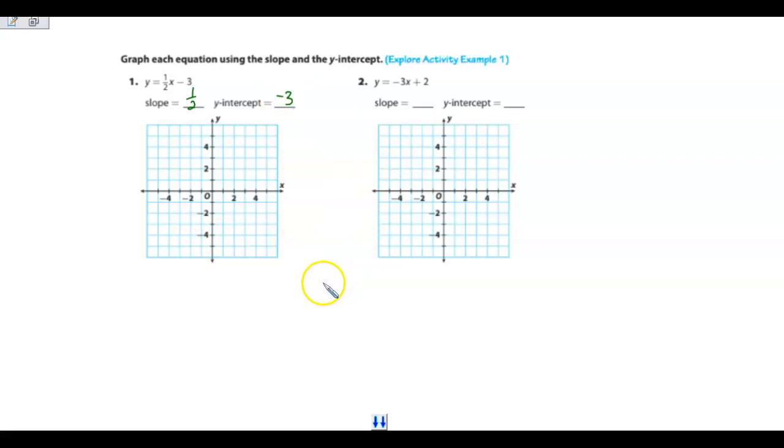If the y-intercept is at -3, where are we going to put that first point? At 0, -3. And the slope is telling us that it's going up by 1/2. So we're going up 1, run 2. And then we're going to draw our line.